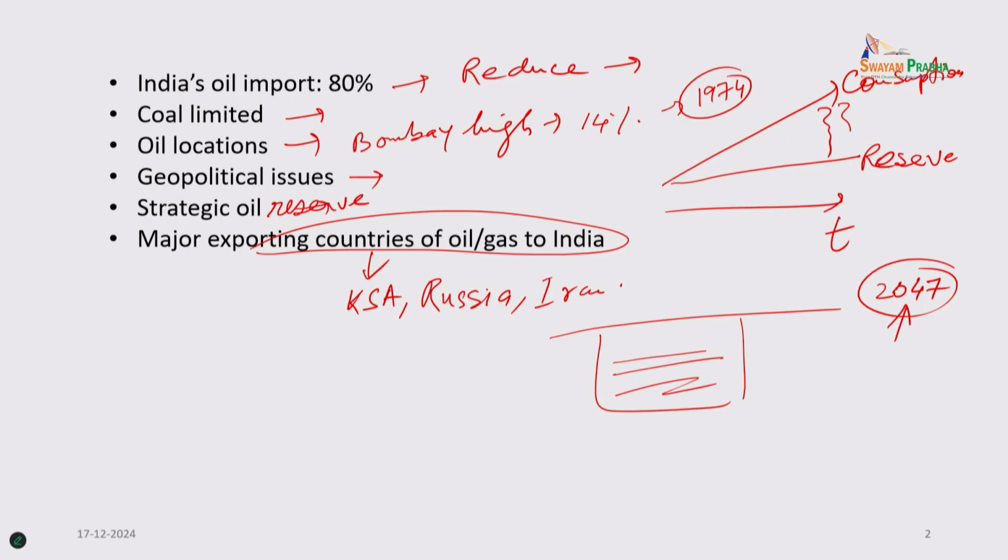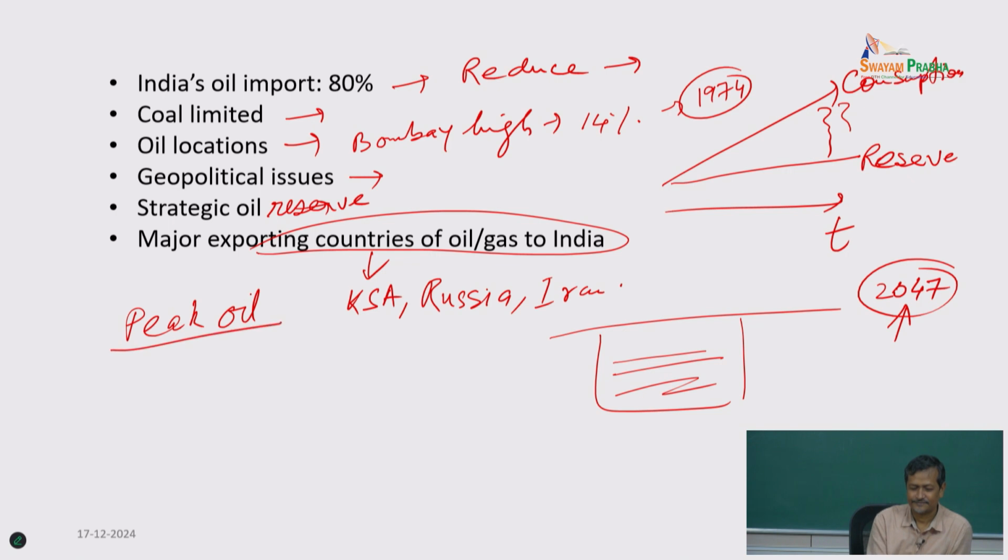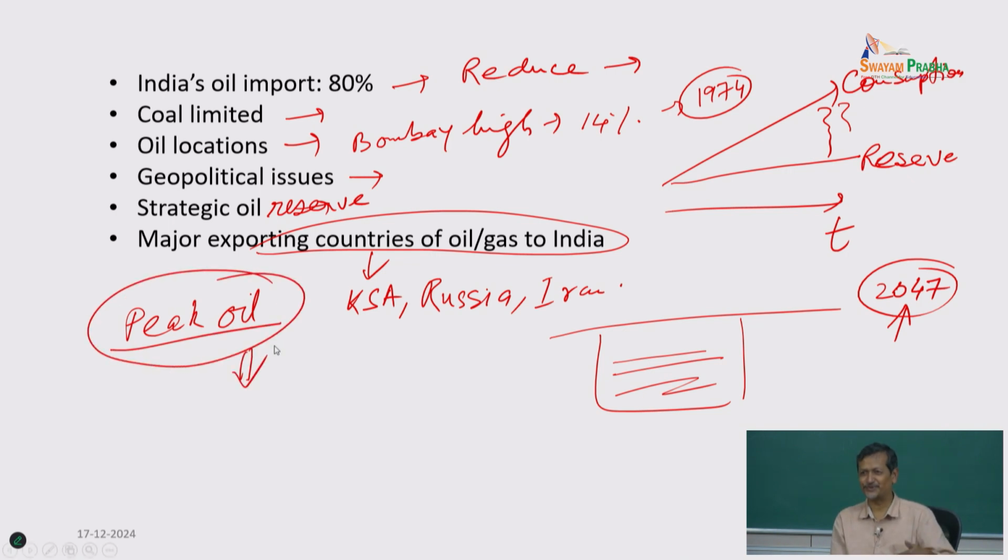Another term that will come up is peak oil, because we are talking about energy. All these terms you should know also. If you Google search peak oil, you will see the term. Many scientists are saying that we have reached maximum oil production globally, not only in India.